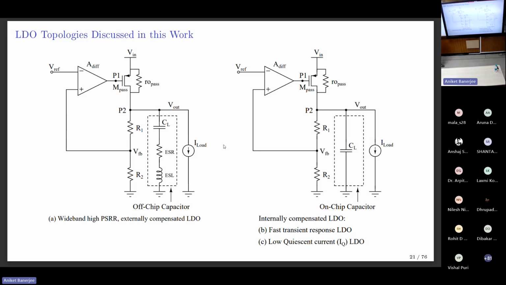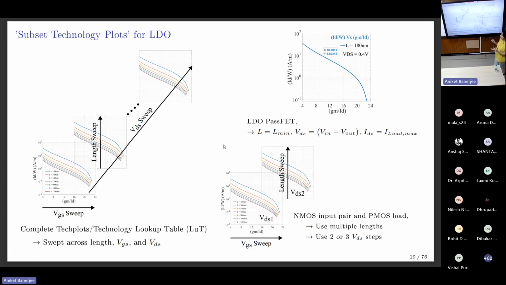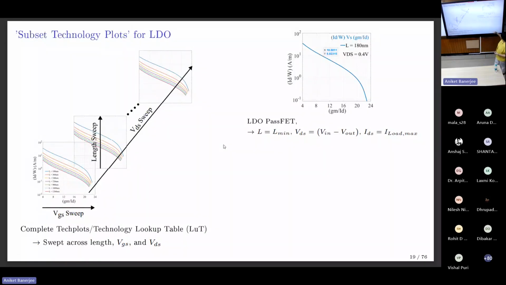Yeah, I think that's a very good question. To gain intuition, first I'll tell you the steps, but I'm not sure if that answers the question. The steps I would do is not sweep everything blindly and get into the domain of parameters. For example, if I have to use technology plots for one FET in the same tech, say I have to design one.